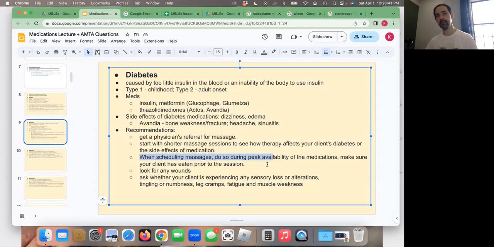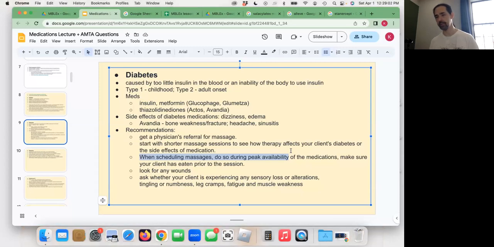And if they say no, I'll be okay, remember, just go by the recommendations made in your profession, and you can simply tell them, this is standard practice. We just want to do so during peak availability of your insulin, when we know that you've taken it. So there's no harm in moving, and I apologize for the inconvenience.